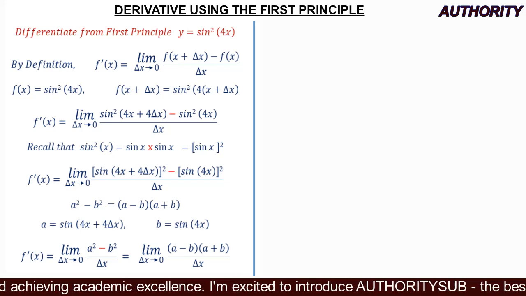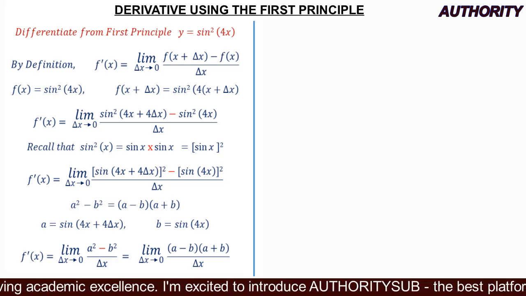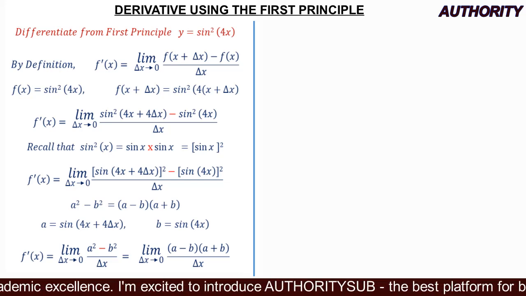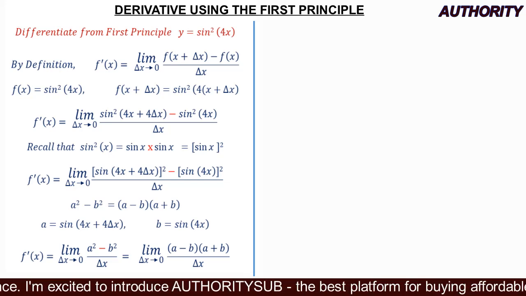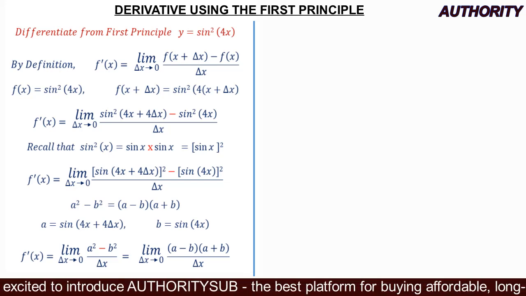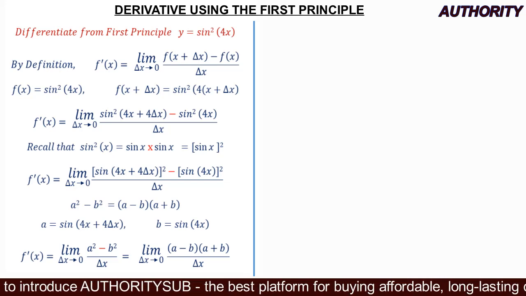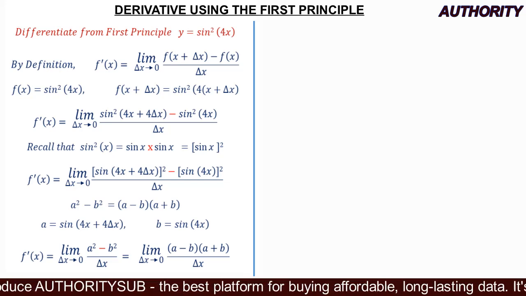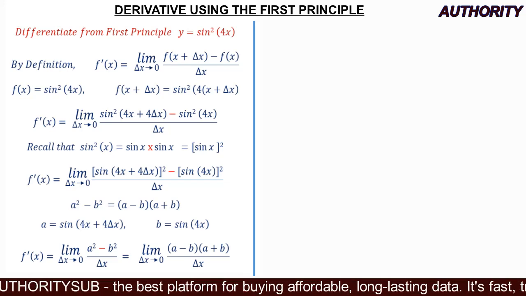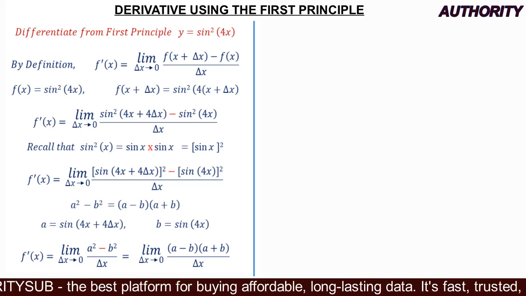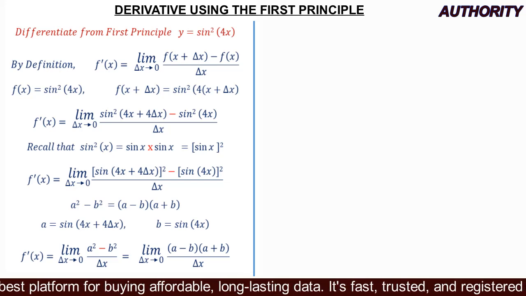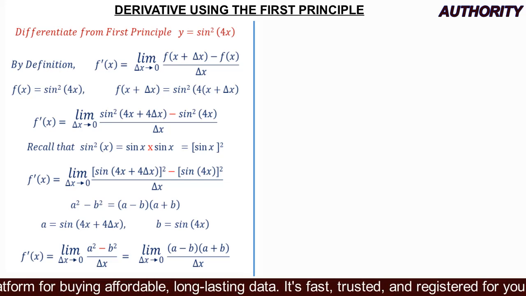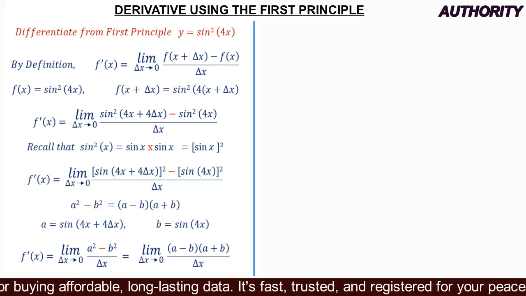For us to remove the square without losing our values, we are going to have (a minus b) in bracket and then (a plus b) in bracket. It's still the same thing. You can bring it back if you multiply it, but we want it like this so that it will be easy for us to solve.